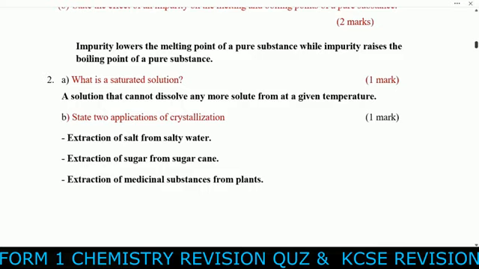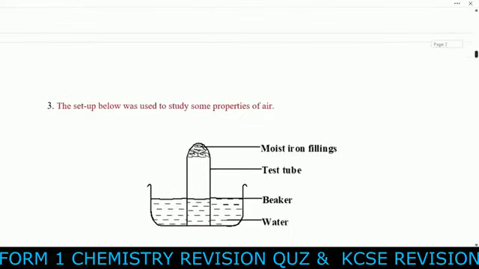Number 1, extraction of salt from salt water. Number 2, extraction of sugar from sugar cane. Number 3, extraction of medicinal substances from plants. That is where we can apply that method of crystallization.